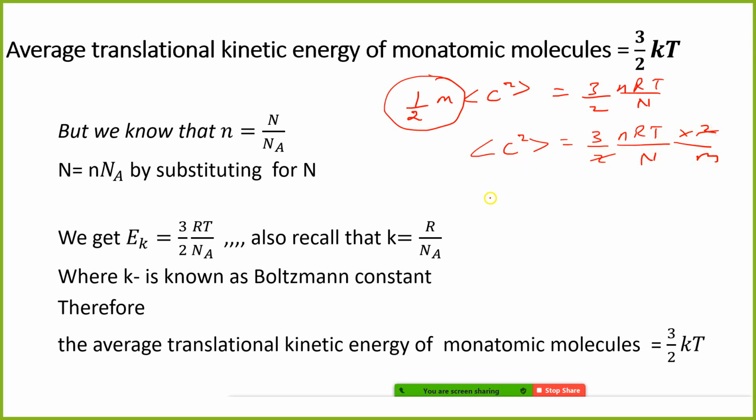If we square root the answer, which is 3nRT divided by n times m, this will tell us the root mean squared of the particle.